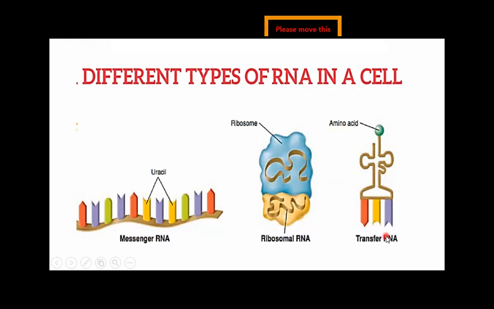This is the transfer RNA. It's a single stranded structure which wraps itself in this manner, and at the other end it will pick the amino acid. So the transfer RNA will have the anticodon on its base. This anticodon will carry the complementary bases to the codon.